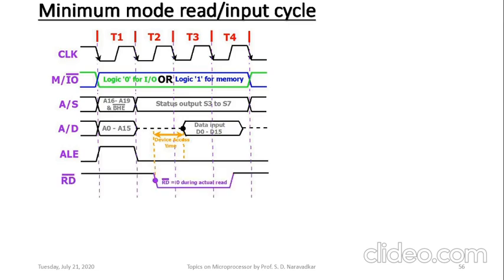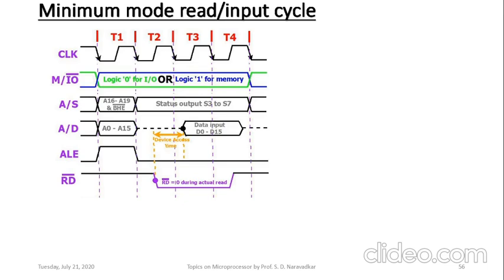Okay, next will be the read bar control signal here. This read bar control signal is an active low read control signal, which is to be active during T2, T3 and T4 state here.